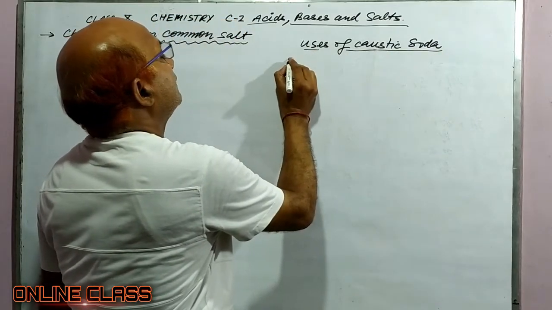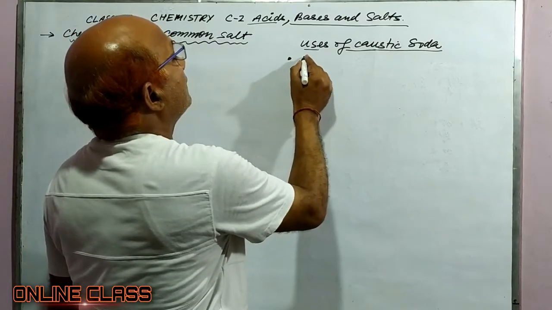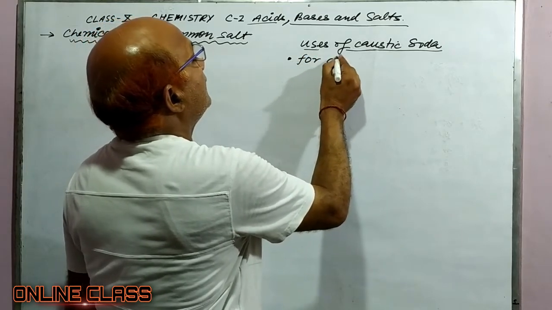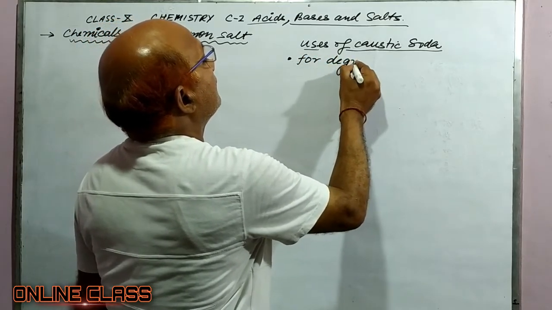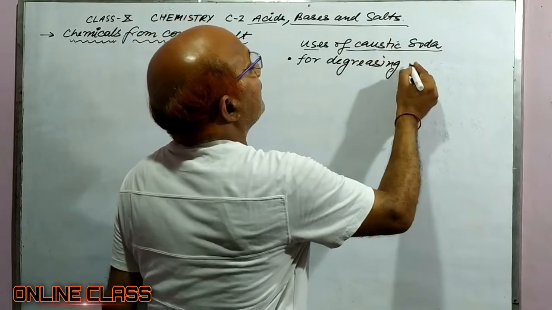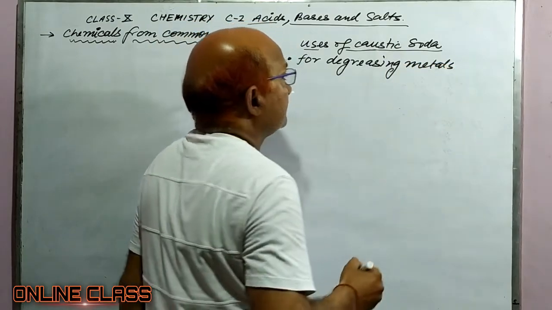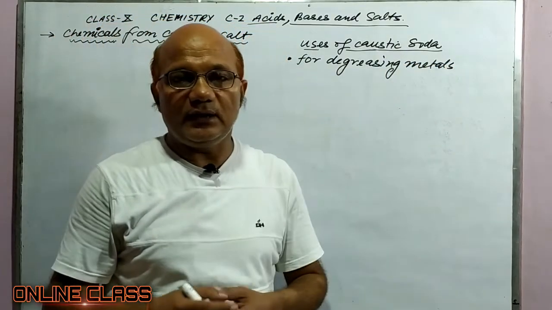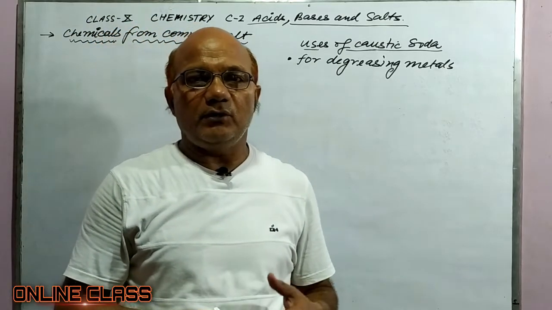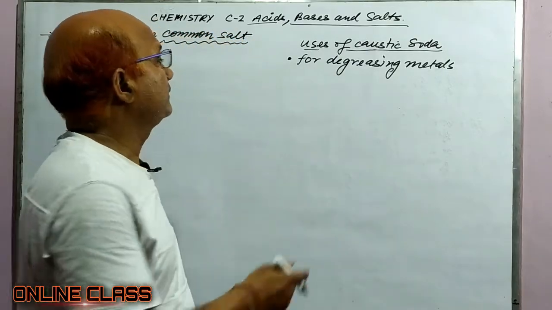Number 1, it is used for degreasing metals. Means caustic soda is used to remove grease from metal surface. So, it is used for degreasing metals.